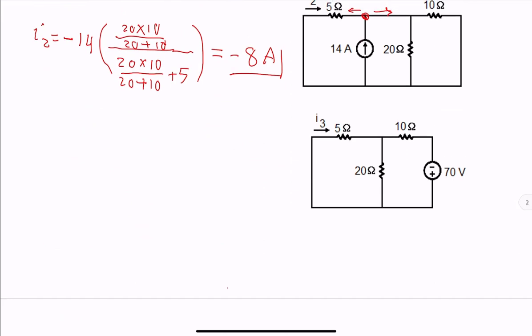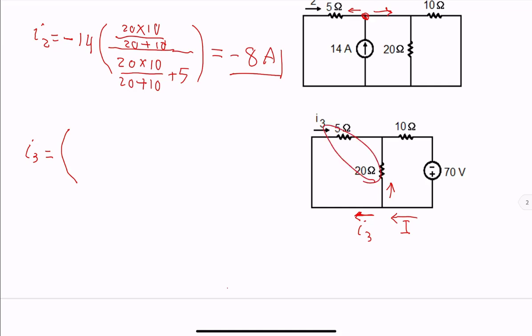To find I3, first let us find the current I, and then we can do a current division to find I3. Current I would be, we have 70 volts.